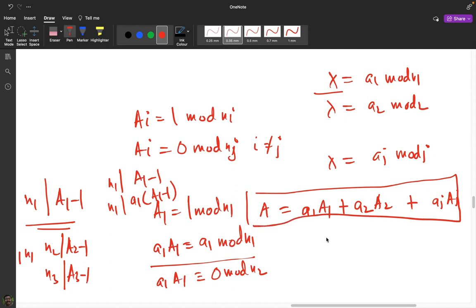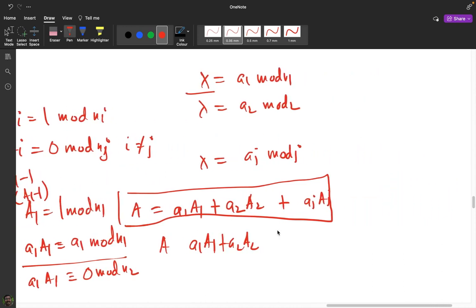Now, what is A? If you consider A, the first one will be A1 plus A2, that's the definition, plus etc. plus AJ. You can see that for mod n1, for A1 I will be getting, when I divide by n1, the remainder A1.